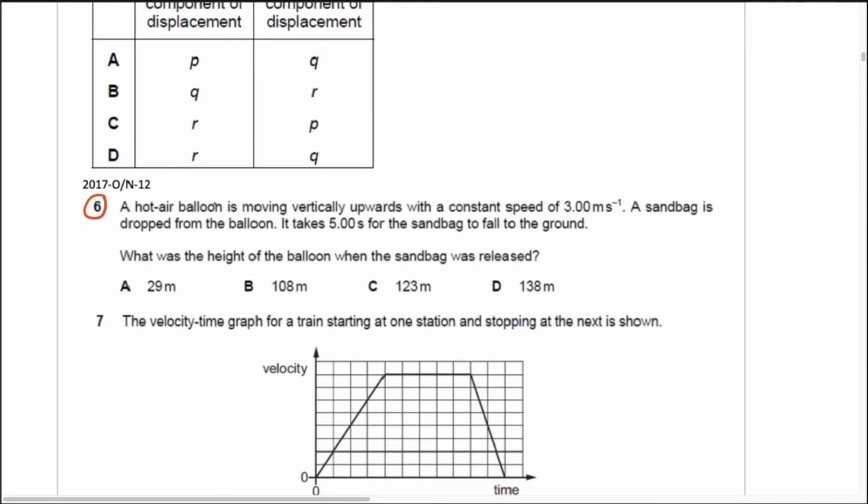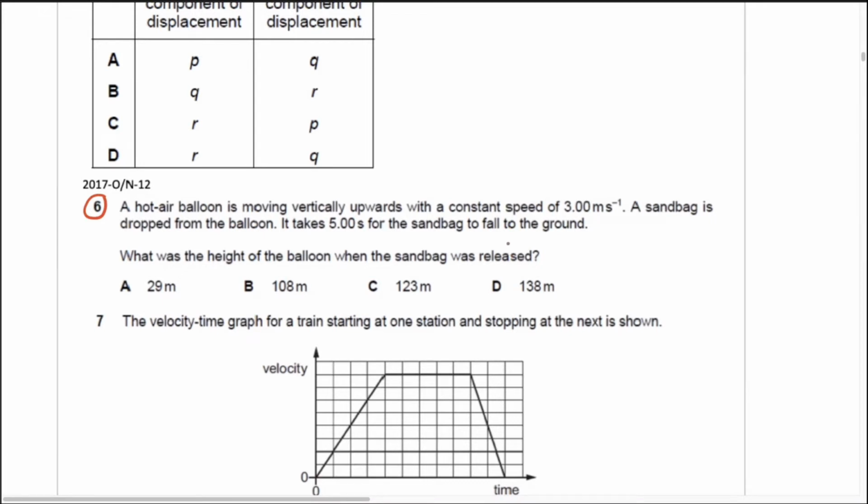A hot air balloon is moving vertically upwards with a constant speed of 3 meters per second. A sandbag is dropped from the balloon. It takes 5 seconds for the sandbag to fall to the ground. What was the height of the balloon when the sandbag was released?